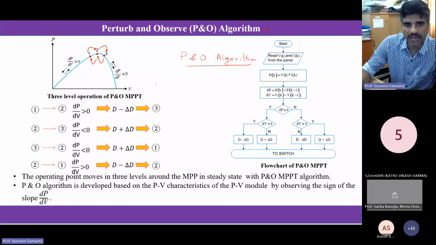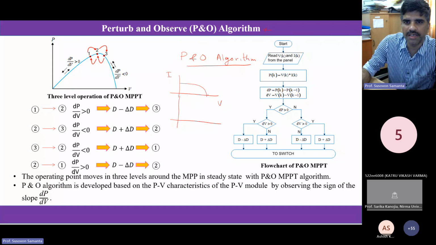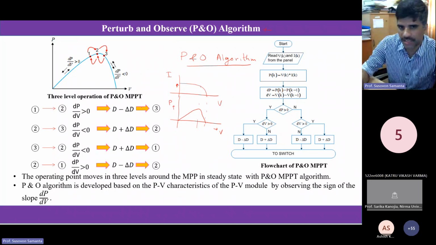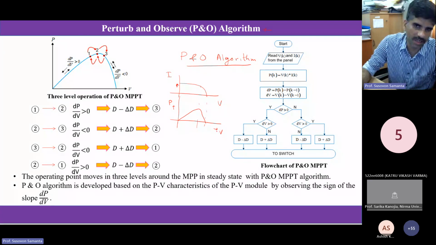As I already discussed, the IV characteristic of a PV panel looks like this. This is your IV. At each point, if you multiply the voltage and current, you will get the power versus voltage curve, the panel power versus panel voltage curve.